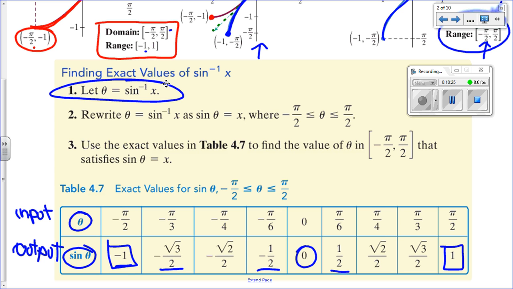Now, with the sine inverse function, sorry, I'm doing this wrong. The input will be the trigonometric ratio, and the output is going to be the angle.